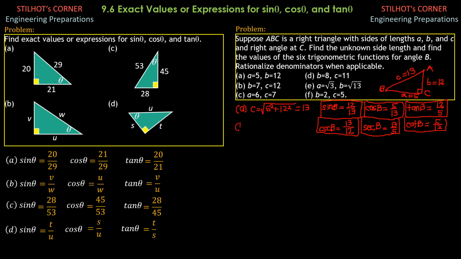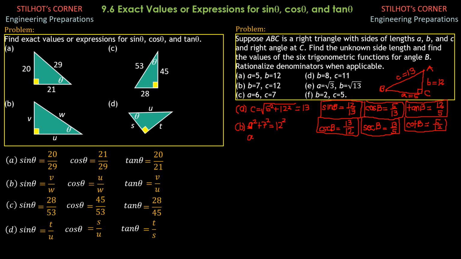For part b, we have a unknown. So by the Pythagorean theorem, a squared plus b squared, in this case 7 squared, equals c squared, which is 12 squared.